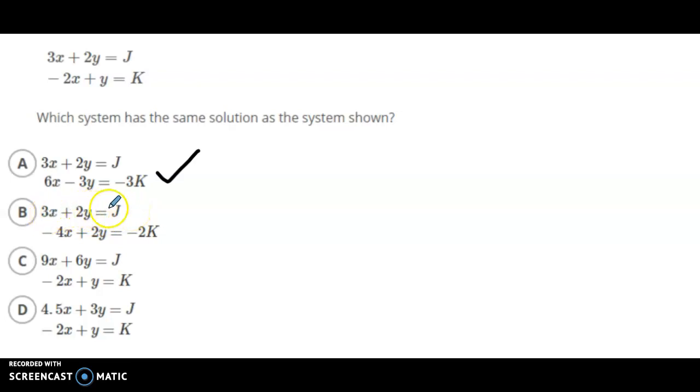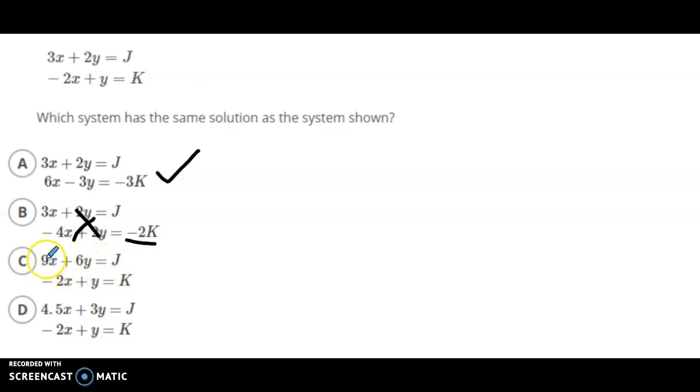B, 3x plus 2y equals j, that's the same. -4x is 2 times -2. And then we've got 2 times 1 to get 2y, but then it says it's multiplying by -2, when in fact it's multiplying by a +2, so that doesn't work. The next one, it's 9x plus 6y equals j.